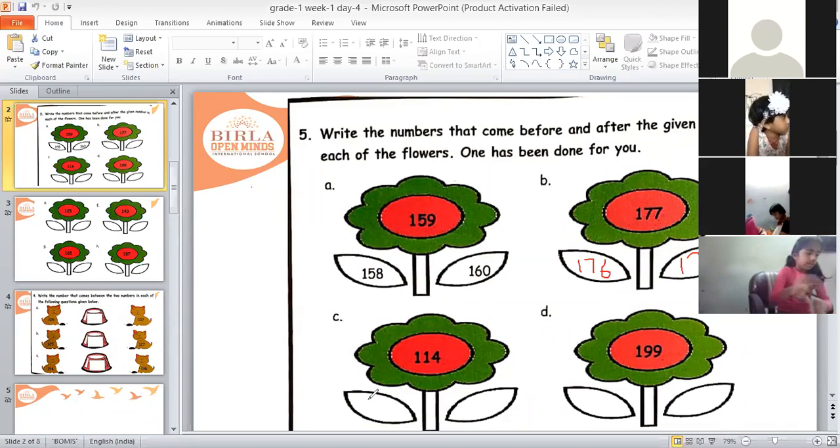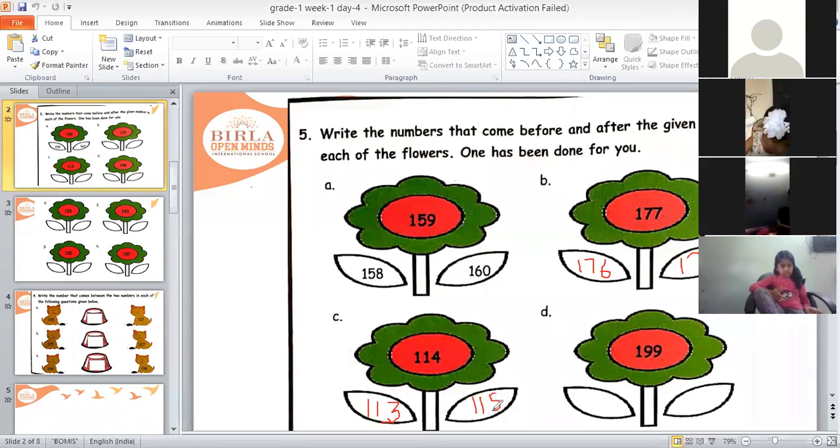You have to go 113. Very good. So children, write 113 in the first leaf. And what comes just after 114? 115. Yes, so 115 comes just after 114. Very good, Swarnika. That's the correct answer.